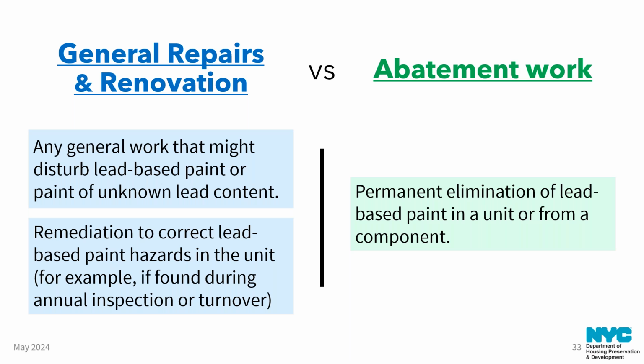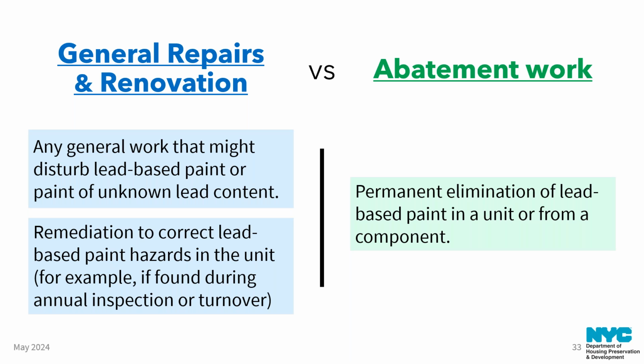Similarly, an electrician might be rewiring some old wiring behind the wall. If they have to tear the wall up in order to do that, and they're disturbing more than that amount that we've been discussing, then they need to be able to work safely with that lead paint that they're disturbing. Perhaps the most common example of general repair and renovation work is repainting an apartment.